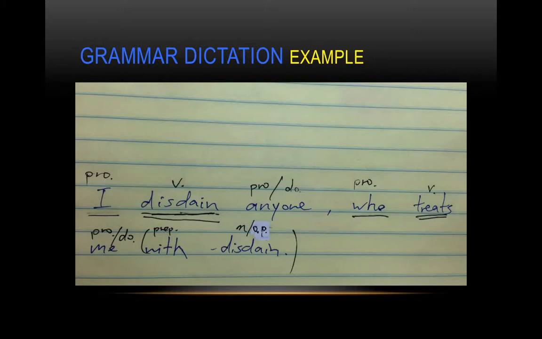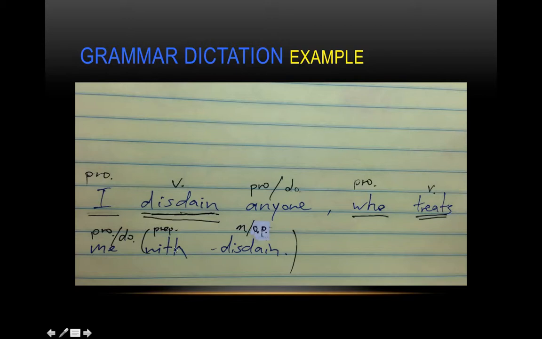So this is an example of a simple grammar dictation. As you can see, we underline the subject and double underline the verb, and we put our part of speech above the word, pronoun for I. This is a great example of putting the part of speech at left and the function at right.